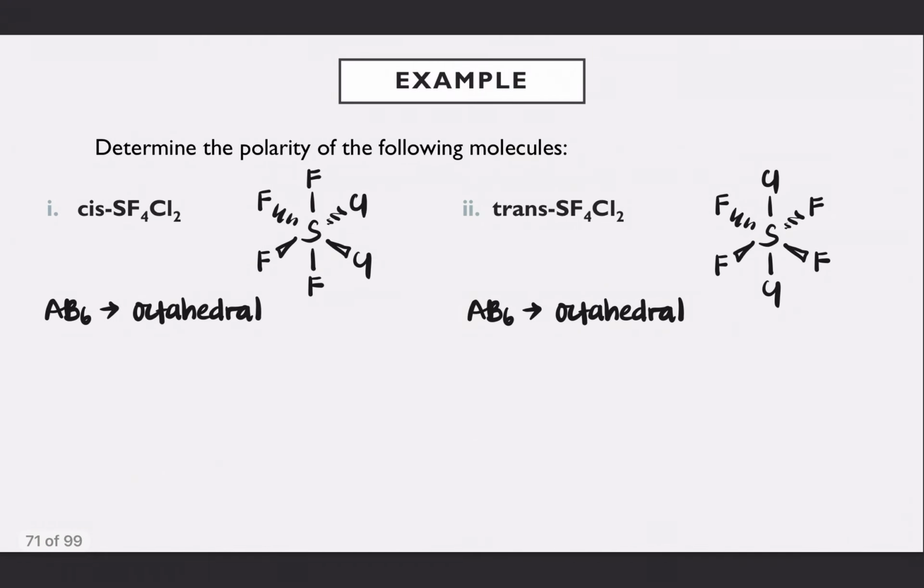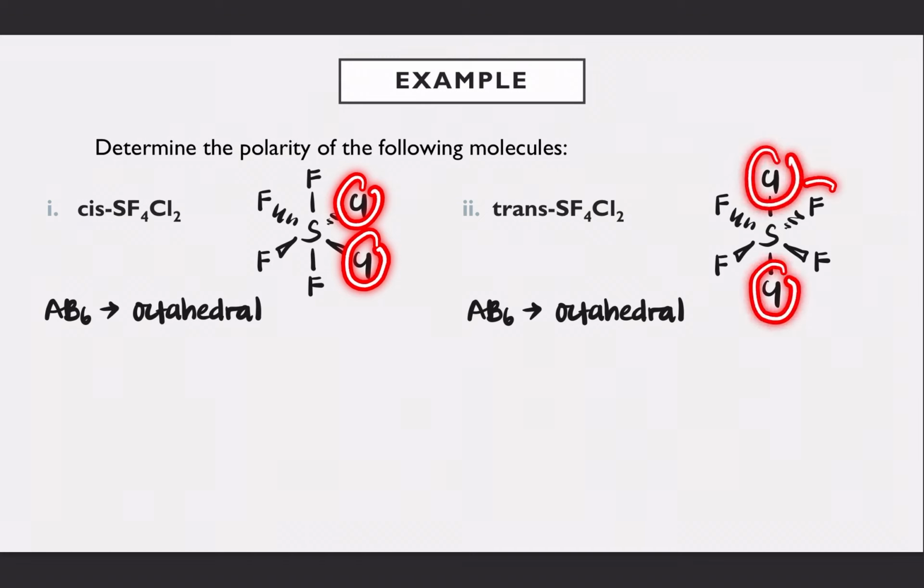So next 2 examples are cis and trans molecules. These 2 molecules have 6 bonds around itself, so they are both octahedral shape, but because of the difference of placements of chlorine, for cis your chlorine is on the same side, and for trans your chlorine is on opposite sides.